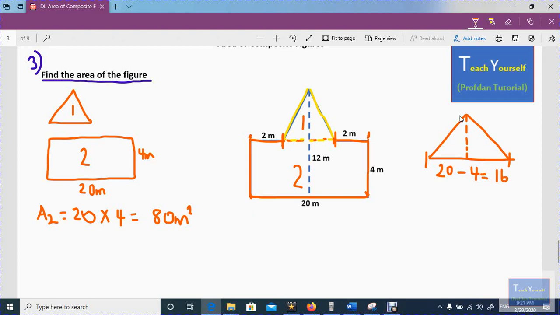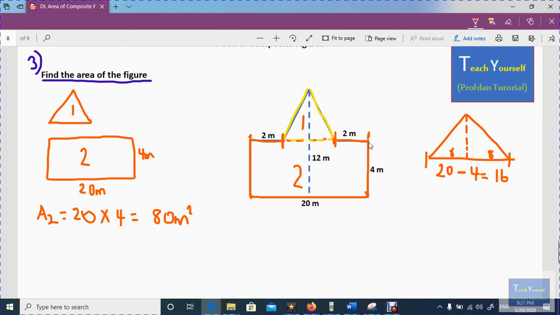If this length is 16, look at this blue dotted line splitting the line into two parts. Half of 16 means this is 8 and this is 8. The dotted line, which is this, is given as 12 meters.